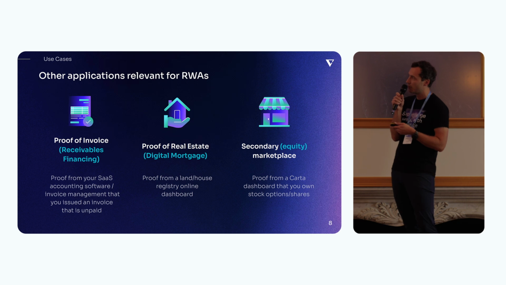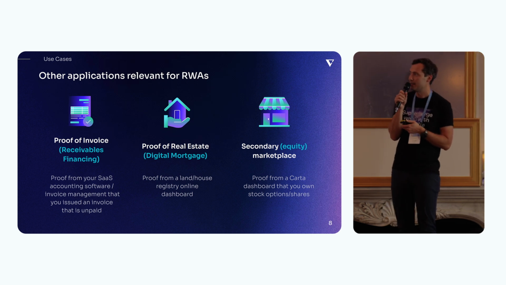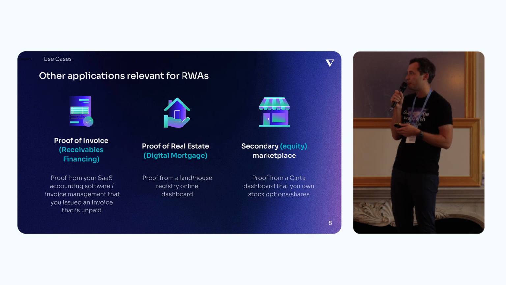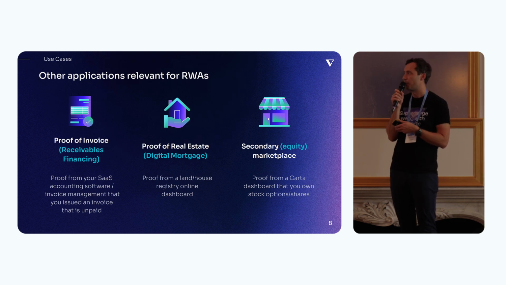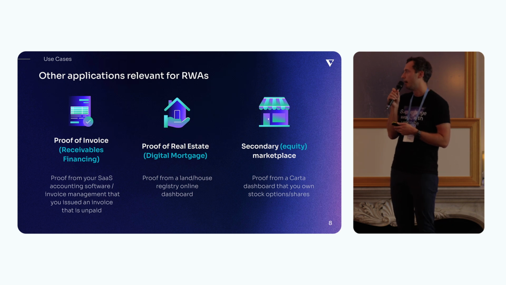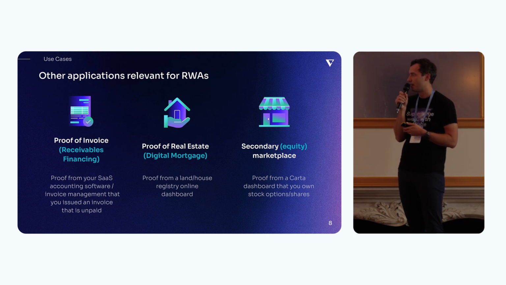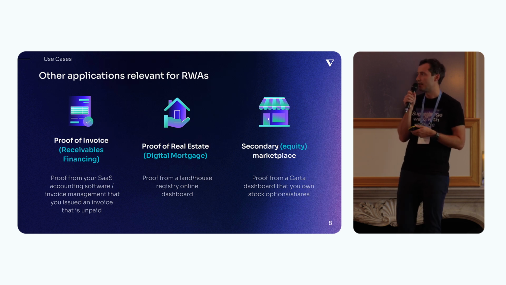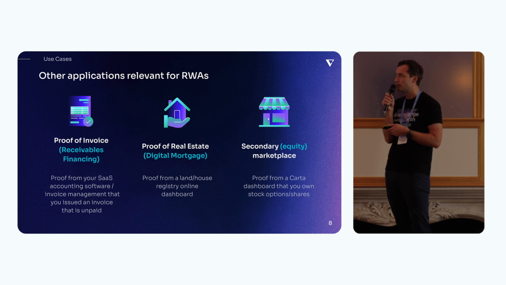The last example is regarding the secondary marketplace. There is a big story associated with Carta. It's a platform for managing cap tables. Maybe you know them. And the founder was explaining on several occasions how he was trying to build a marketplace for secondaries and why he failed in this.